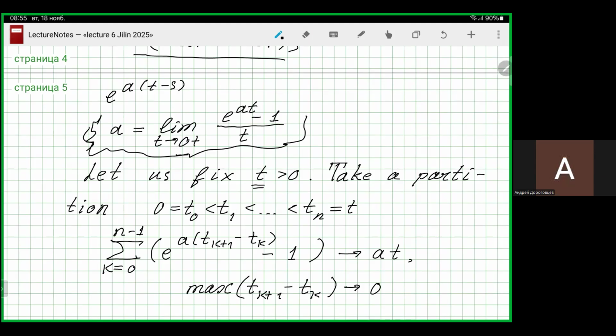Let us write this in terms of the semigroup.